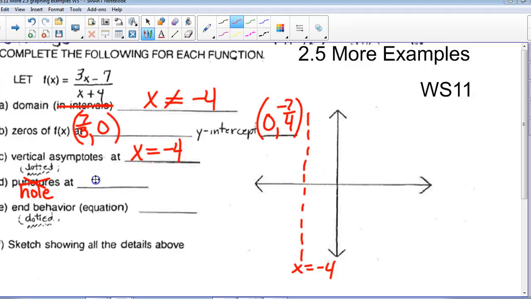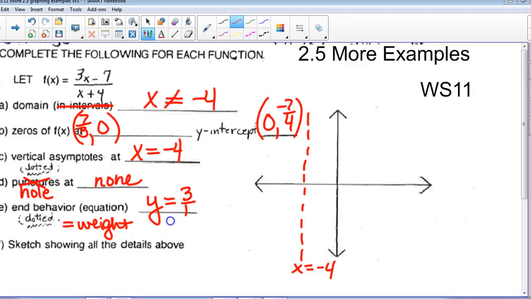Is there a hole on this graph? No. Okay, this is what I'm telling you. End behavior equation is simply horizontal asymptote or other, okay? This one is equal weight, right? So equal weight means y equals leading coefficient over leading coefficient, or just y equals 3.